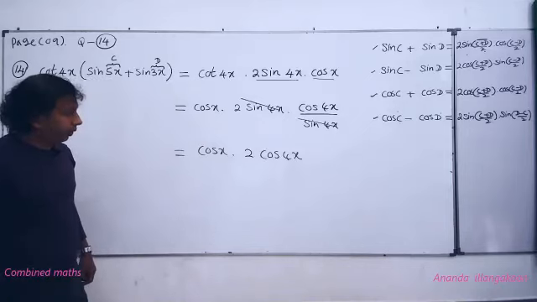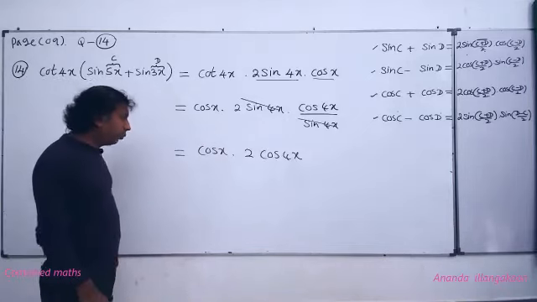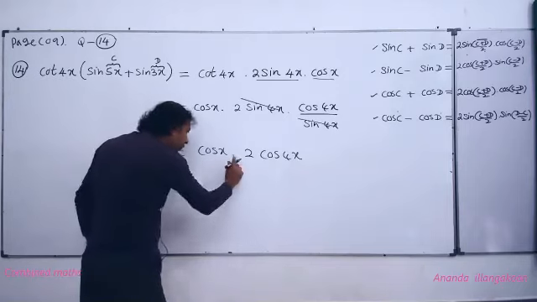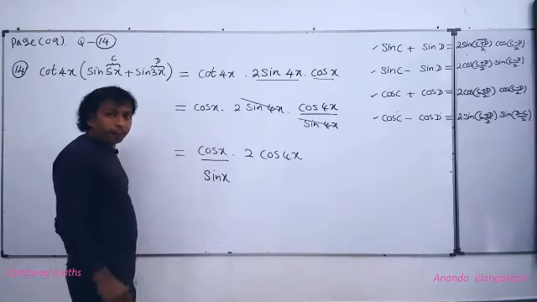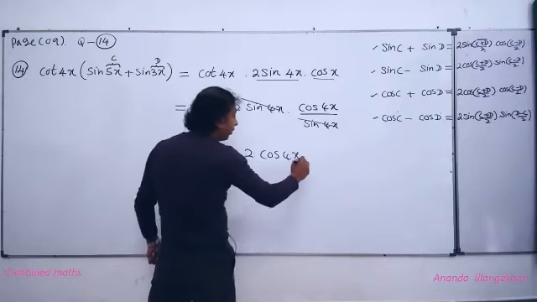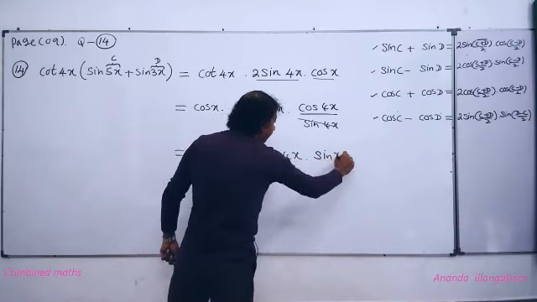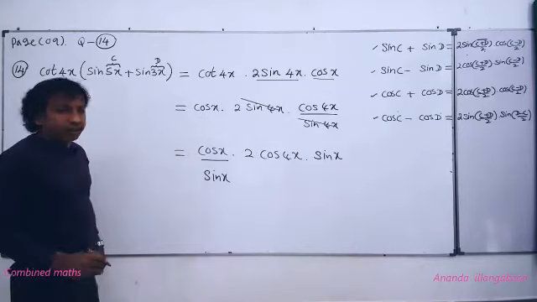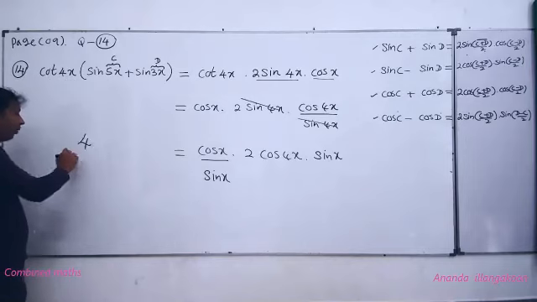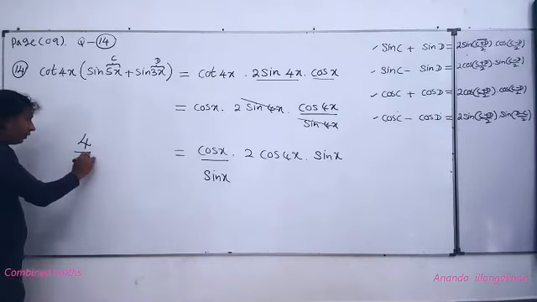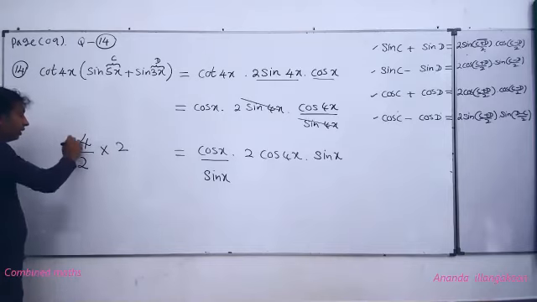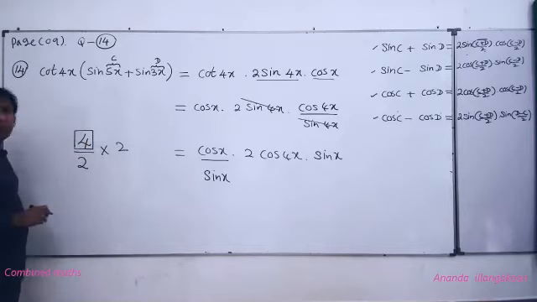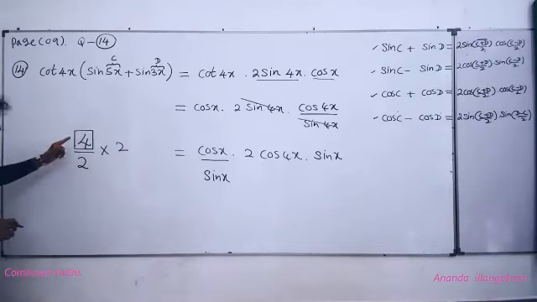Then what I do next is this: I divide this whole thing by sin x, and I multiply that by sin x again. Now suppose here we have 4. We divide this 4 by 2 and meantime we multiply by 2. Does the initial 4 change? No. 4 divided by 2 means 2. 2 into 2 means again 4.